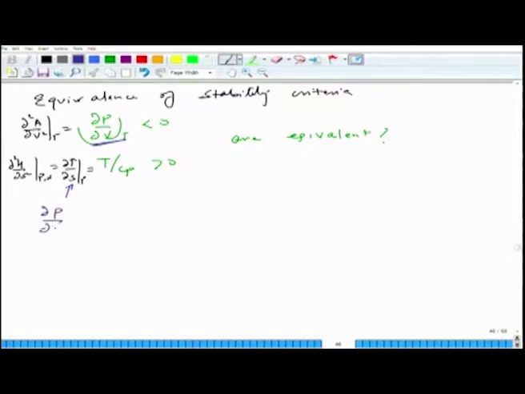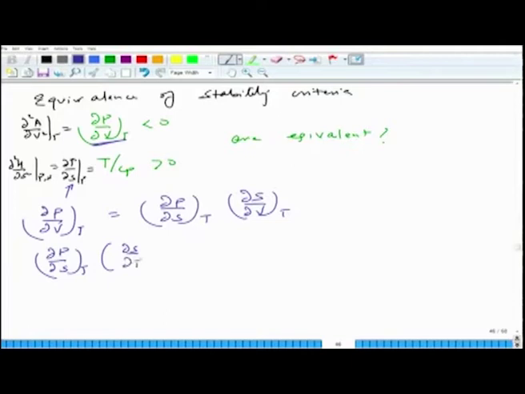So del P by del V at constant T can be written as del P by del S at constant T and del S by del V at constant T. Okay. Now we have these P, S, T. We have three variables. So now we can use the x y z minus 1 rule. Okay. So we have del P by del S at T, del S by del T at P, del T by del P at S. This must be minus 1.